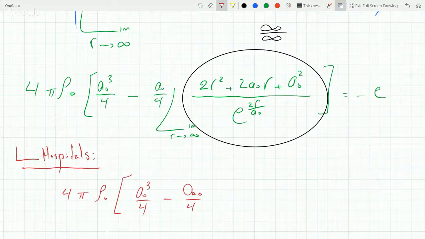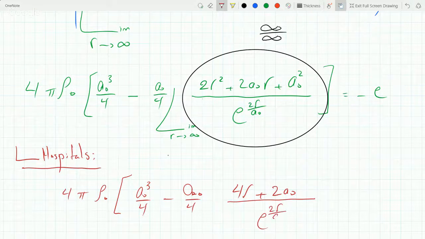And with L'Hopital's, we differentiate the top, we differentiate the bottom, and then we re-evaluate the limit. So this is 4r plus 2a0, the derivative with respect to r, and the exponential stays the same, times 2 over a0 by the chain rule. And again, I take the limit.